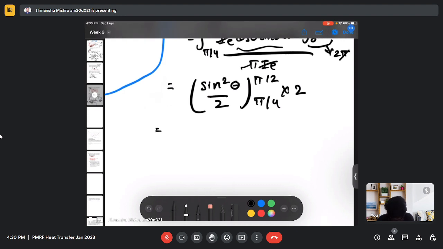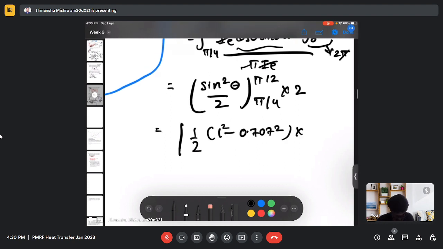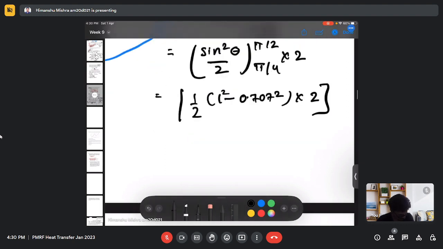So it will be 1 minus 0.707 square, multiplied by 2. So 1.